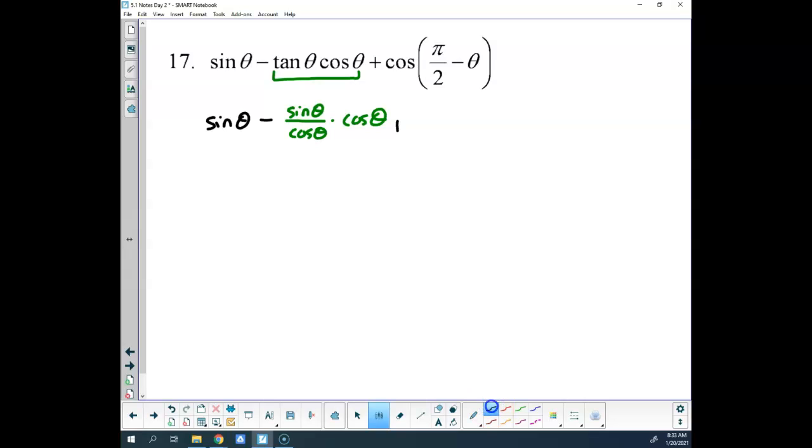And cosine of pi over 2 minus theta, according to number 13, is sine. Does everybody agree with that?